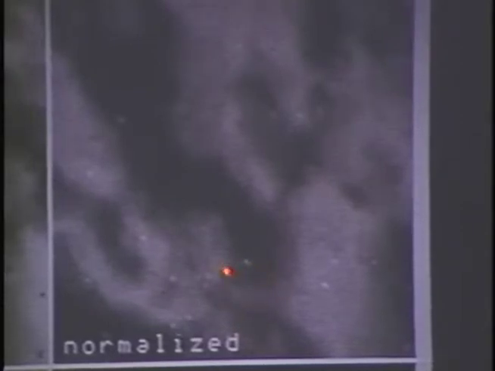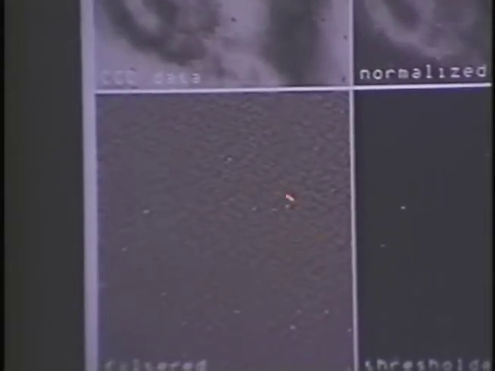What we've done here is invert it to make it correspond to mass density, because it's mass density which is essentially being summed through the specimen by the microscope, and so the dark gold particles now show up light. And then we've developed a filter technique which processes this image and is designed to highlight small round objects within this image.